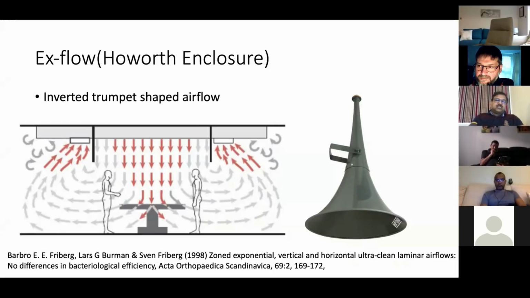Essentially what it achieves is, if you have the patient in the center, the wound open in or around the center of the operating enclosure, the air keeps flowing away from the patient and we try to reduce the airborne contamination into the wounds, which is essentially the aim of all this exercise.